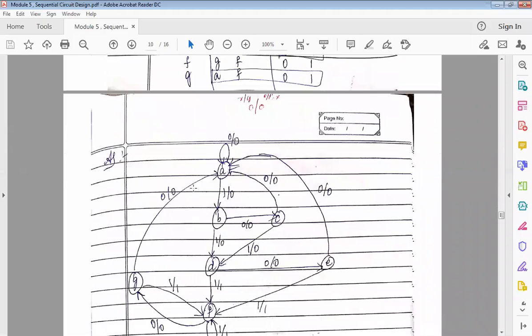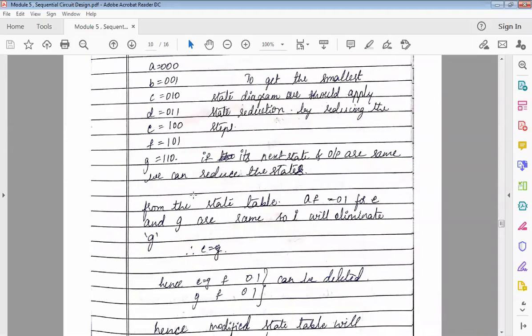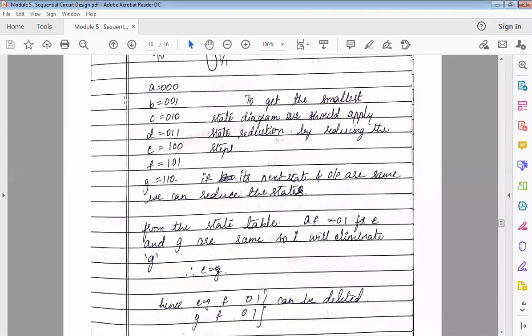This is a very important substitution that I'm trying to do here. Just make note of it. You can write these down. And then make sure that you have written that AF is equal to 0, 1 for E and G, and hence G is eliminated. Please make note of these statements.